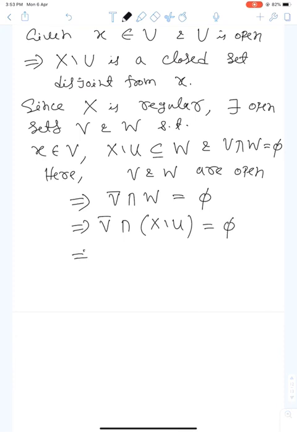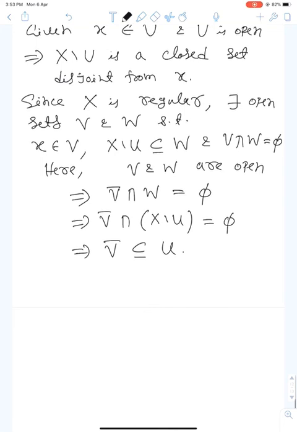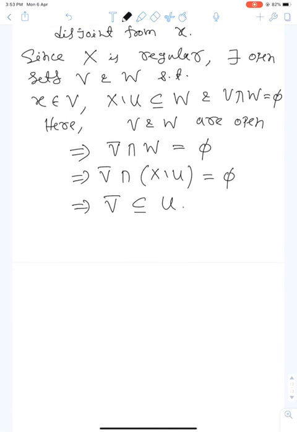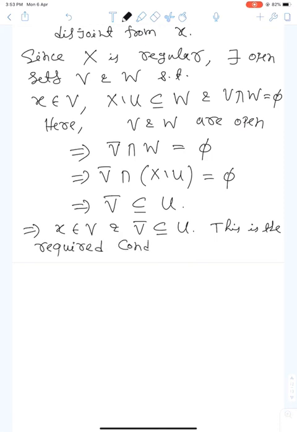Now that implies V closure is a subset of U. So we got the required V, that implies x belongs to V and V closure is a subset of U. So this is the required condition.